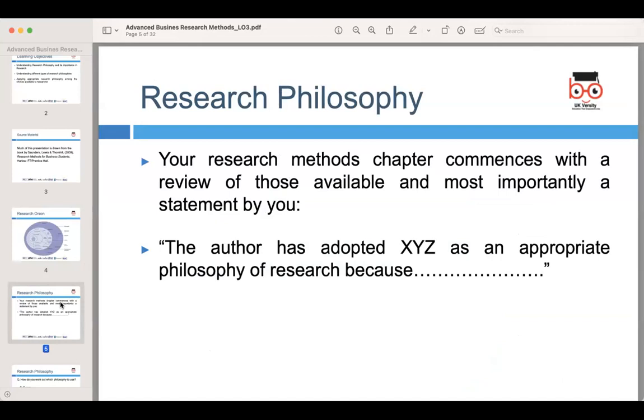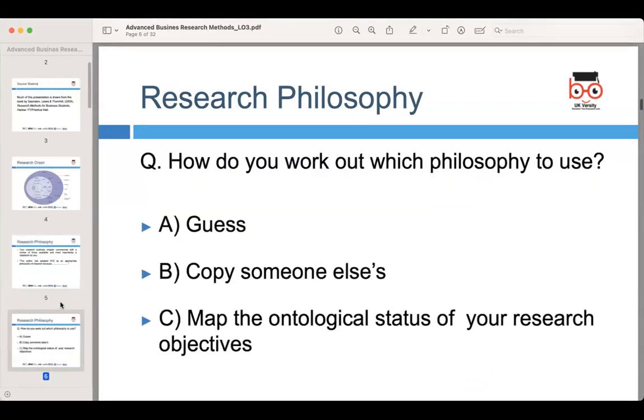Your research methods chapter commences with a review of those available and the most important statement by you: the author has adopted XYZ as an appropriate philosophy of research because... Then how do you work out which philosophy to use? Guess, copy someone else, or map the ontological status of your research objectives.